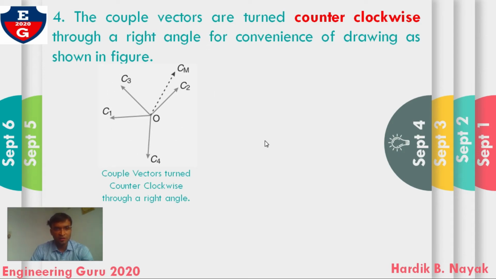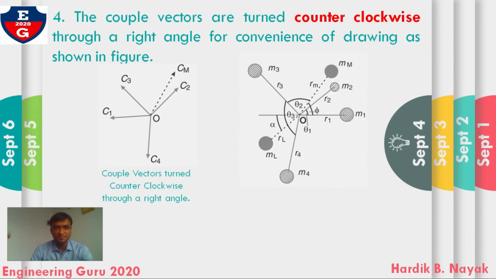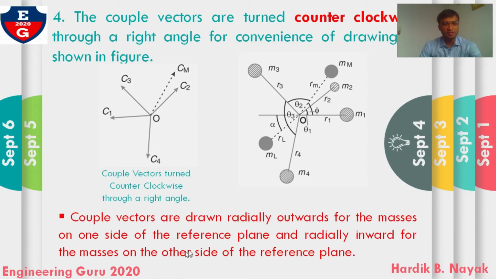So we turn all the couple vectors counterclockwise through a right angle. This is our original position. Here you can see the couple vectors are drawn radially outwards for the masses on one side of the reference plane and radially inward for the masses on the other side of the reference plane.